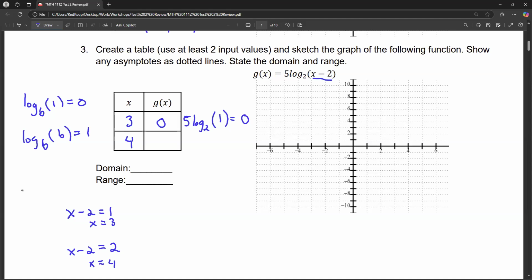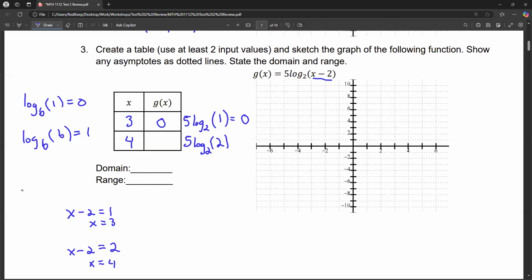Okay, and so for plugging in 4, again, I have the coefficient 5, log base 2, and for the argument of this logarithm, I'm plugging 4 into my x position. So I'll get 4 minus 2, which is just equal to 2.